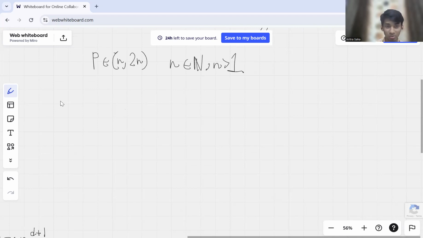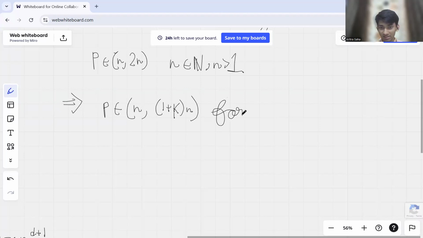Now you guys can try to prove the generalization of Bertrand's postulate. So what I mean is that there exist primes such that they belong to the interval n to (1 plus k) times n, for sufficiently large n.